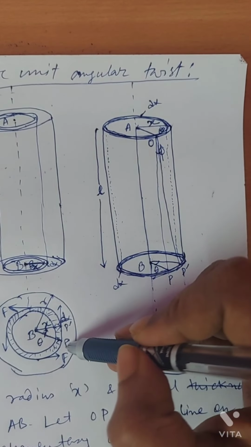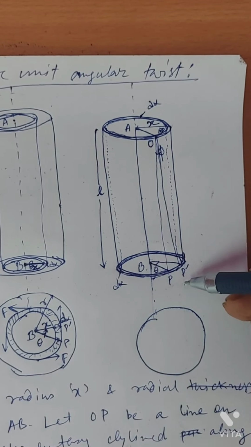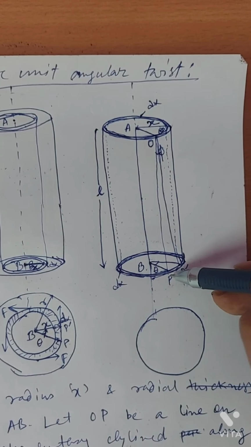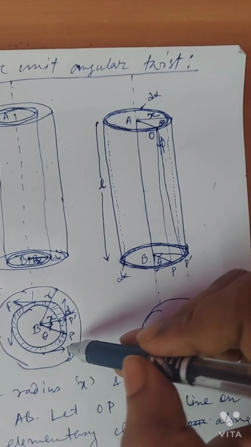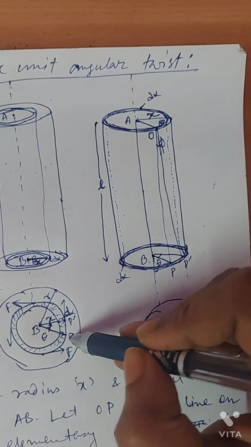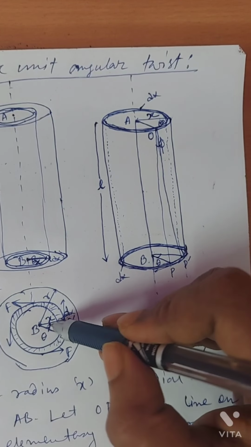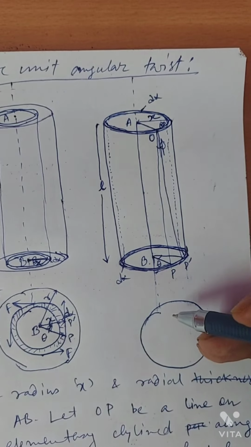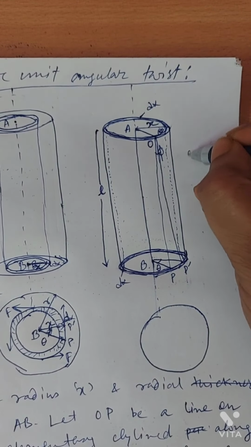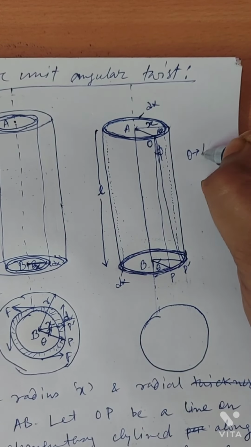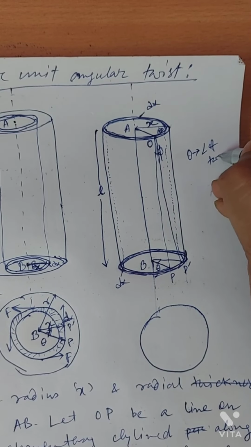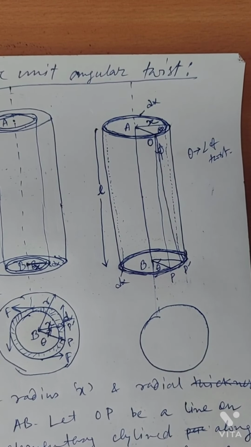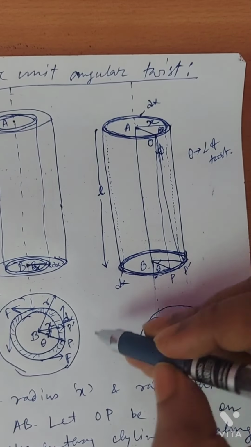In the cross section, BP will move to BP dash, making an angle theta. This angle theta is called angle of twist.